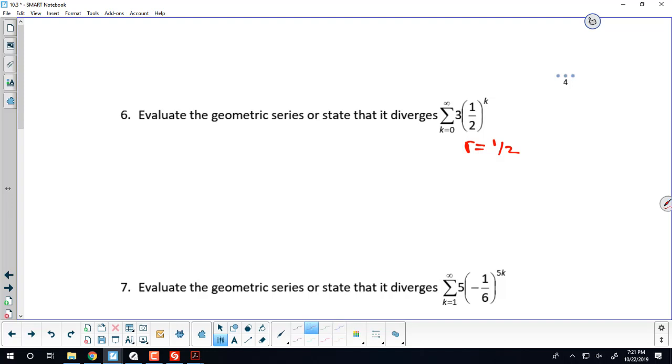So what is the sum right here? And our series would converge to what? A over 1 minus R. Remember, A is what? The first term. So here it just happens to be 3 because we're starting at 0. But a more general way to think about A is the first term of that series.